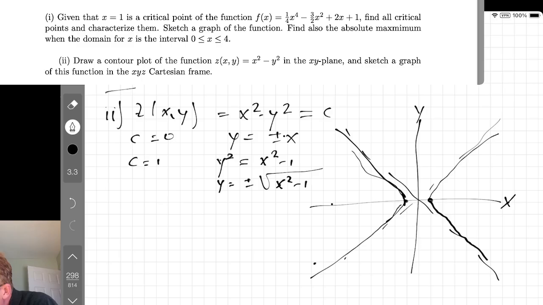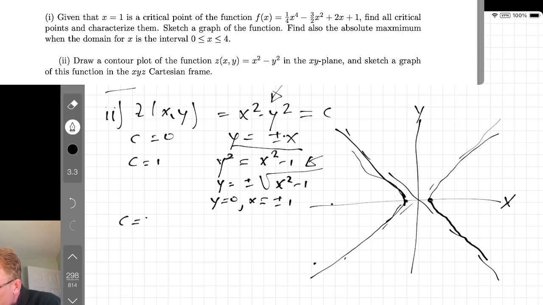Because for very large x, positive or negative, the -1 is negligible, so it asymptotes to y is plus or minus x. So I had here, if y is 0, then x is plus or minus 1.